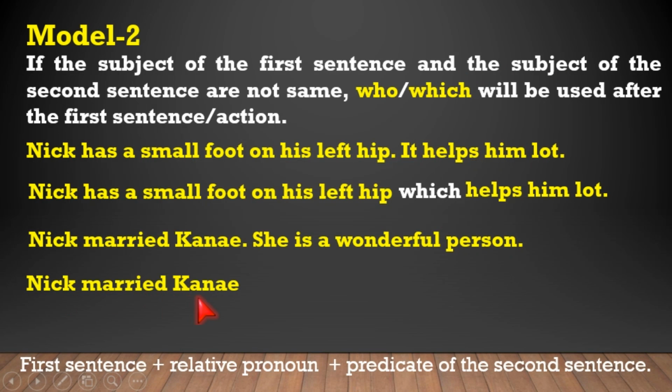About the person, about Kane. This sentence explained about Kane. So here is a person. So you can write who. Then predicate of the second sentence, is a wonderful person. Look, Nick married Kane, who is a wonderful person.